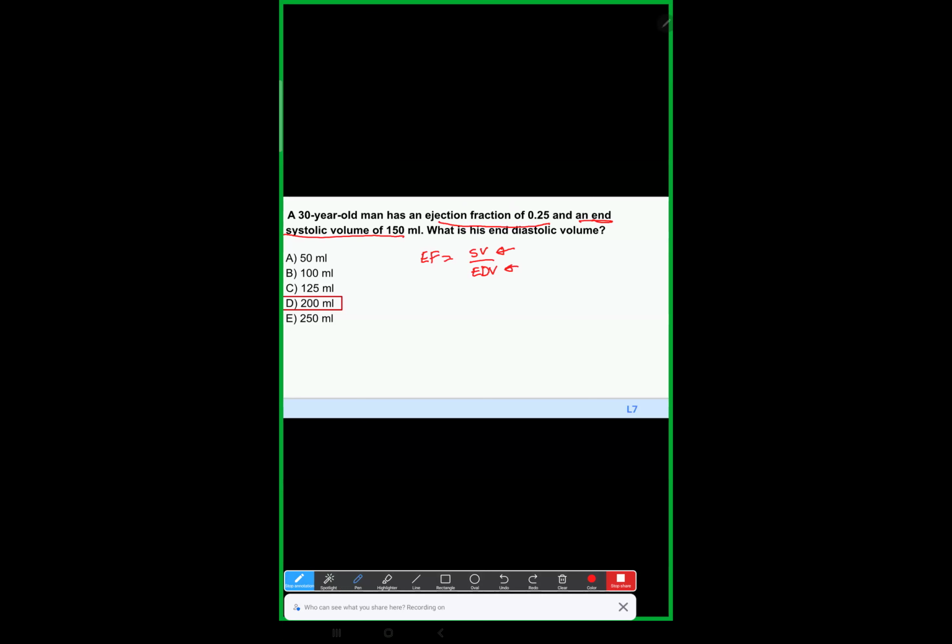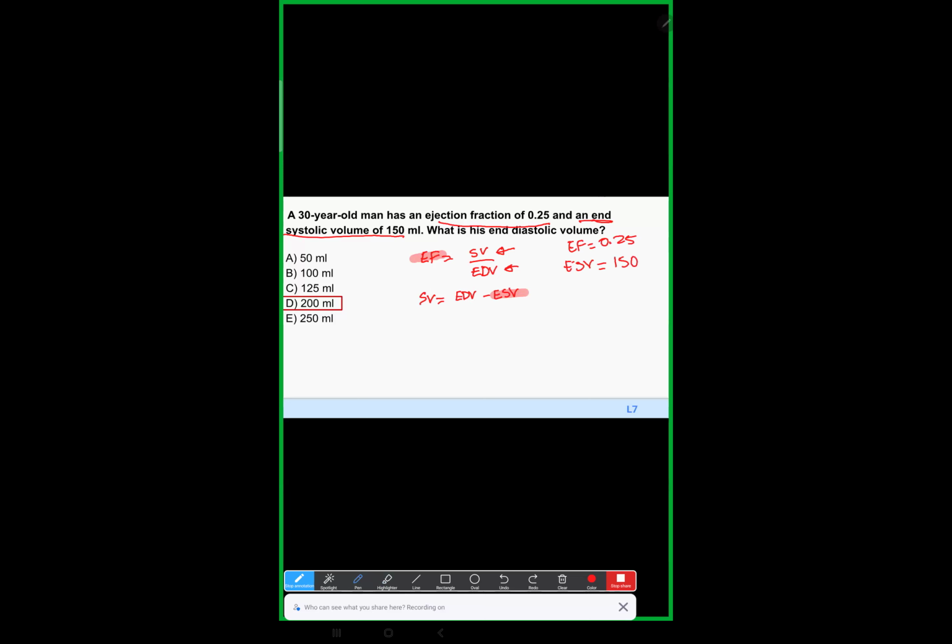So we have to figure out another equation. The other equation would be stroke volume equals end diastolic volume minus the end systolic volume, okay? Here the known values would be end systolic volume and ejection fraction. Ejection fraction is equal to 0.25 and end systolic volume is equal to 150.